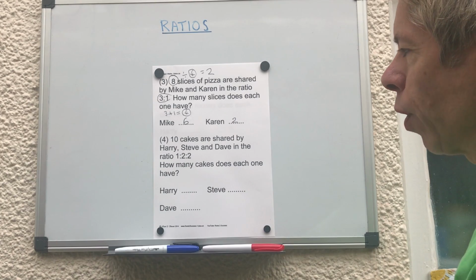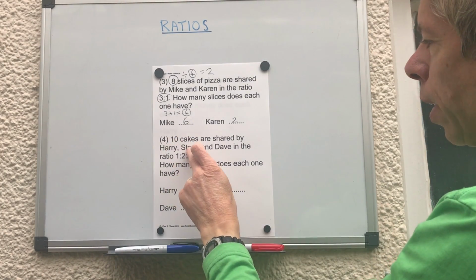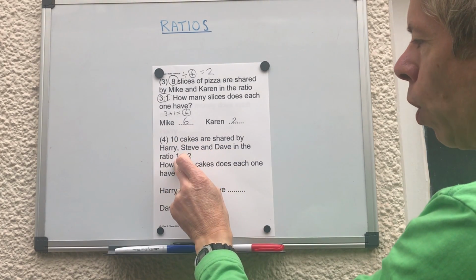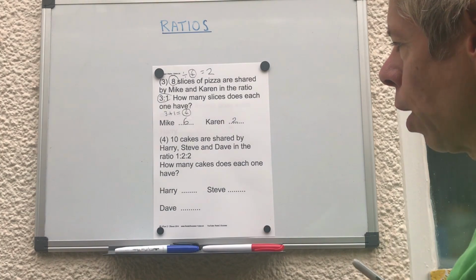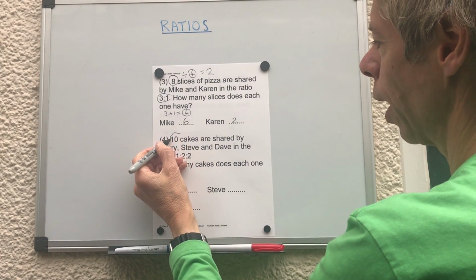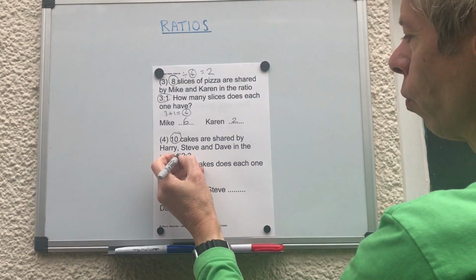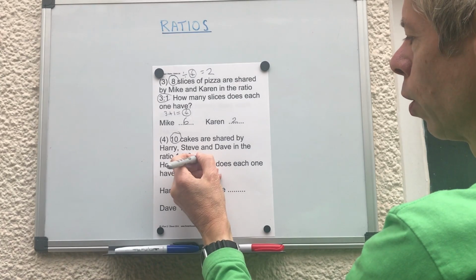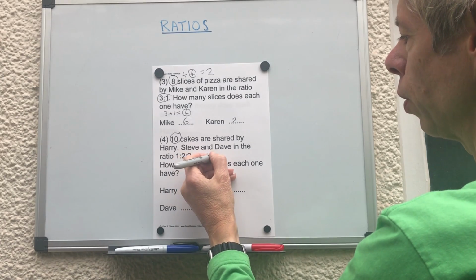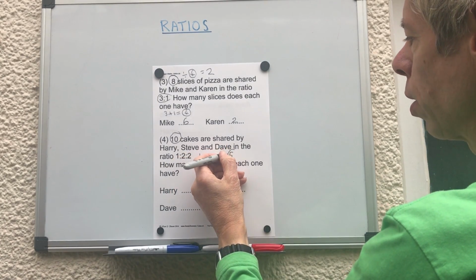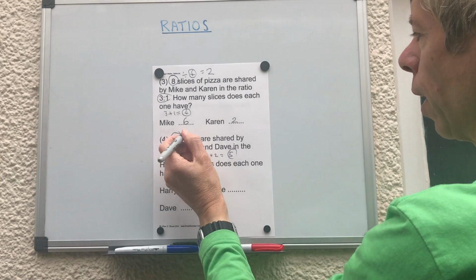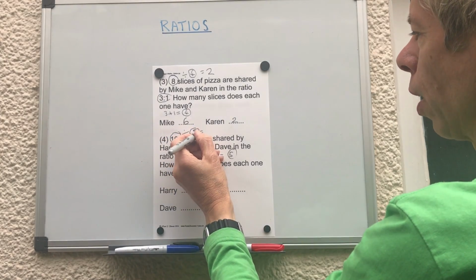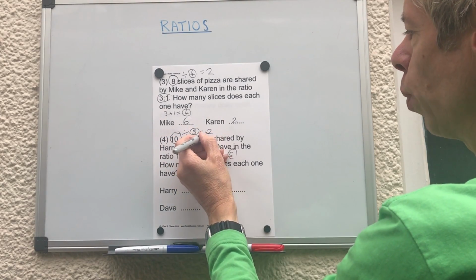Okay. Now we've got 10 cakes shared by Harry, Steve and Dave in the ratio 1 to 2 to 2. So circle that, you've got 10 cakes. Again, if you add these up, 1 plus 2 plus 2, you get 5. So take that 5, put it over here, 10 divided by 5. This gives you 2, so that's our multiple.